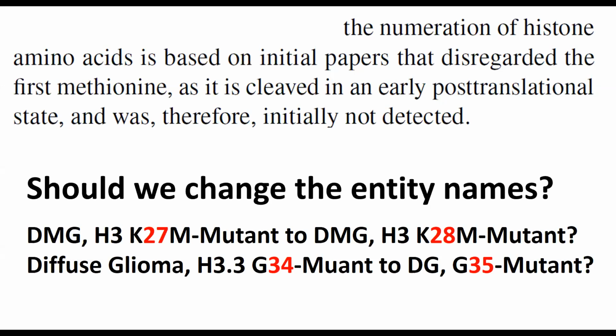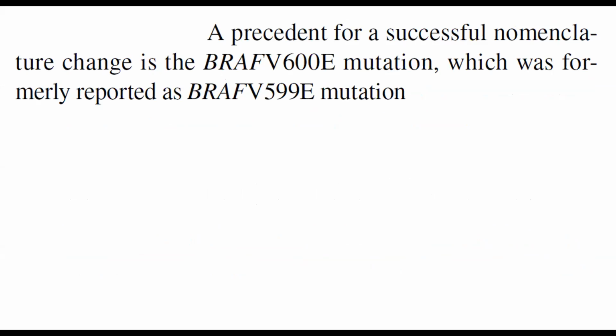That is the answer. Question, therefore, knowing this: should we change the entity names? Should diffuse midline glioma, H3 K27M mutant, be diffuse midline glioma, H3 K28M, and G34 mutant become G35? Well, in one paper, that argument was made. In the paper I just showed you, they said there is a precedent for changing the nomenclature for a pathogenic mutation.